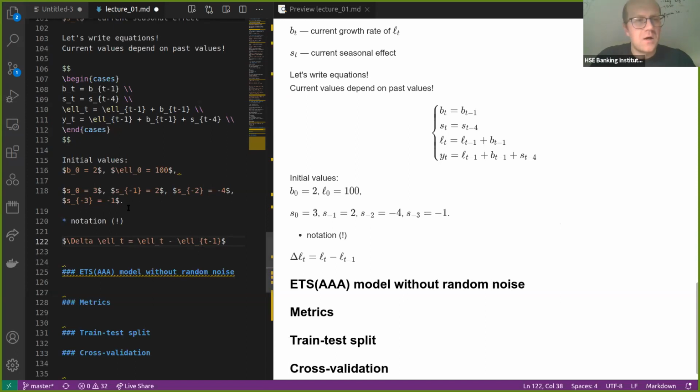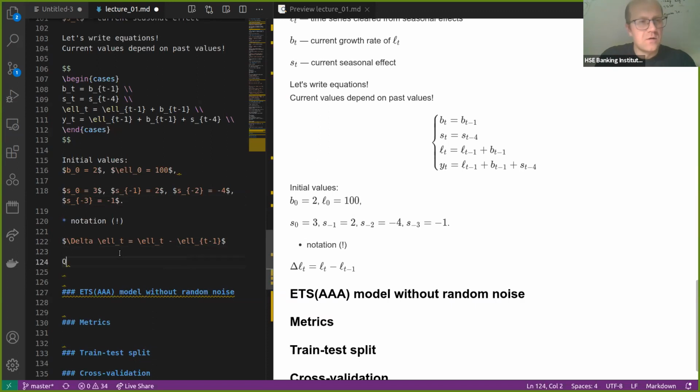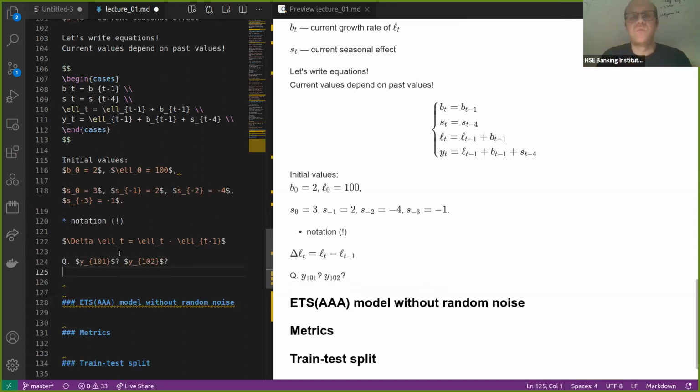Okay, just a small exercise. What is the value of Y101? What is the value of Y102? If you can calculate these two values, then you perfectly understand this dynamic system.